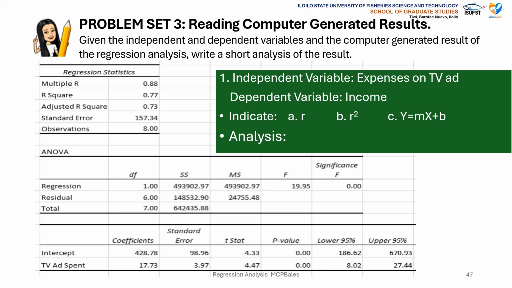Yes, that's why the correct answer for letter C is y equals 17.73x plus 428.78. It's there in our chat. Please check. Okay, thank you. Correct, ma'am. I hope it's clear.